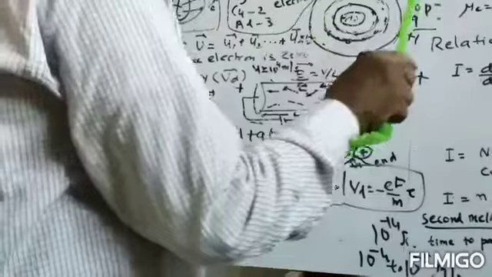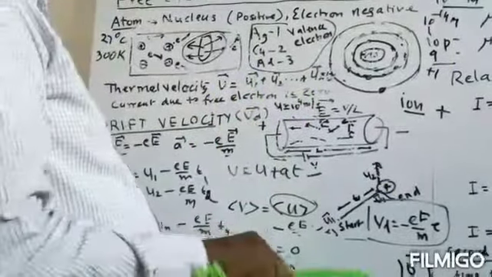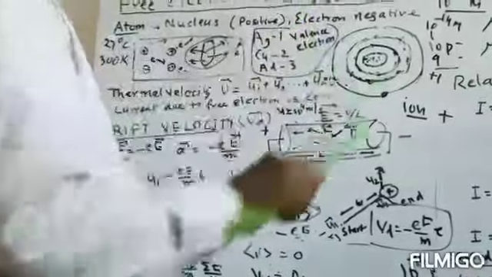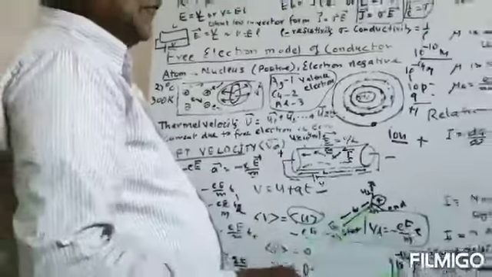It is 10 raised to 4 to 10 raised to 5. So in this way we can use the free electron theory to explain what the drift velocity is.